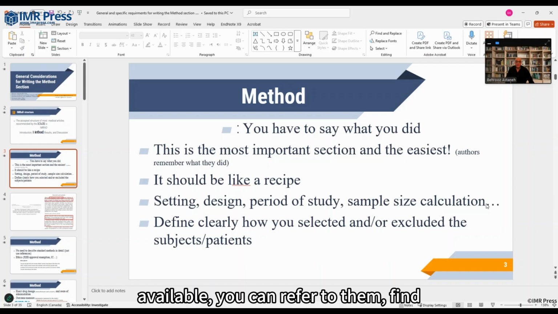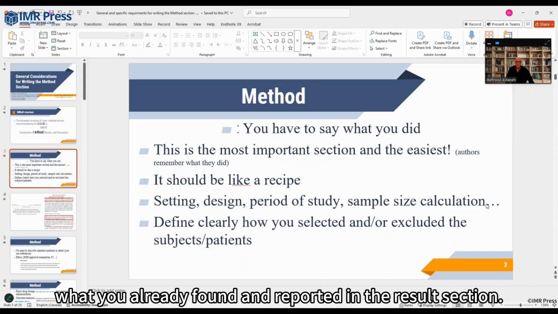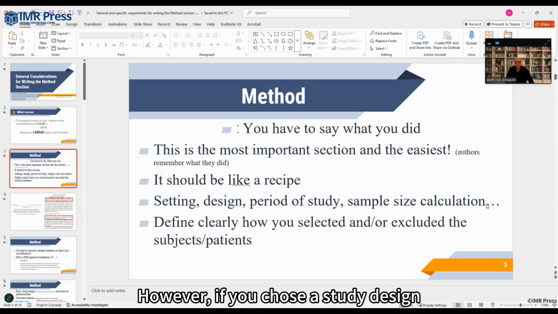You can refer to them and find new articles for argument and counter argument with what you already found and reported in the results section. However, if you chose a study design which mandated you to randomize the patients to different groups, and you did not do that, you cannot get back and correct that while you are writing your method section.